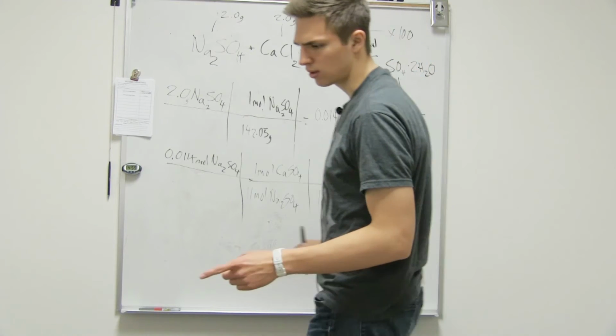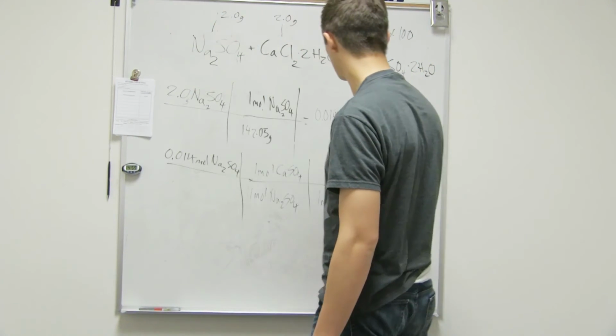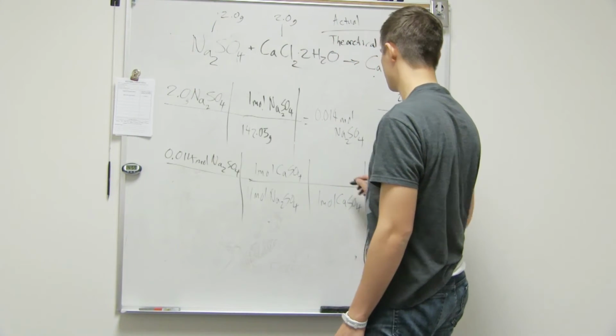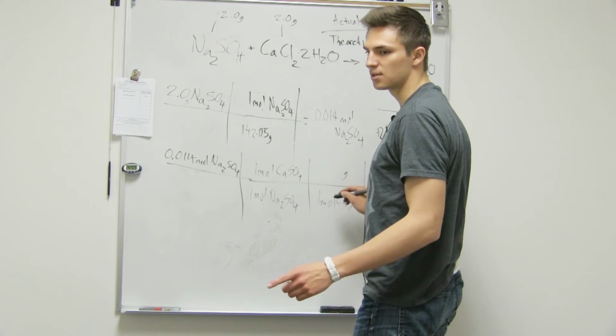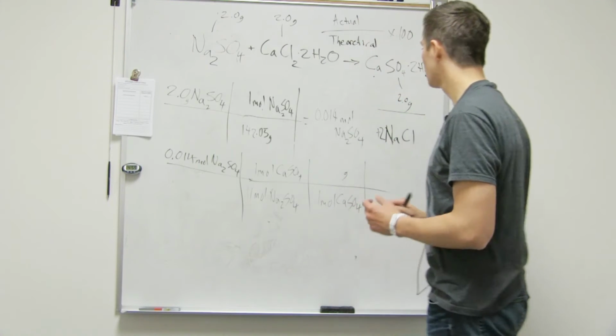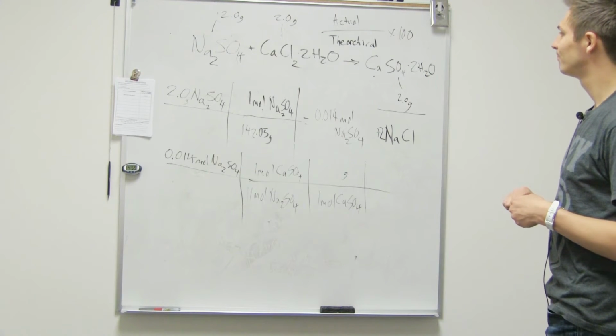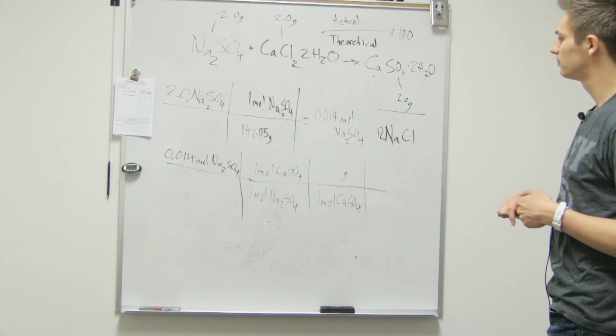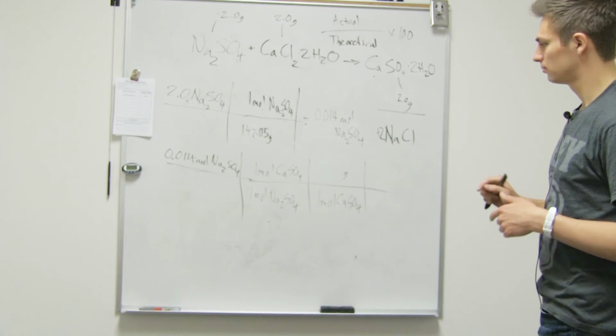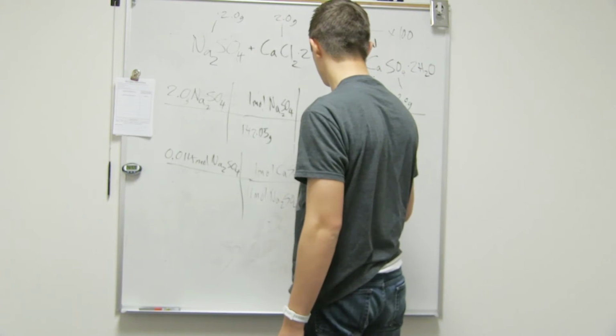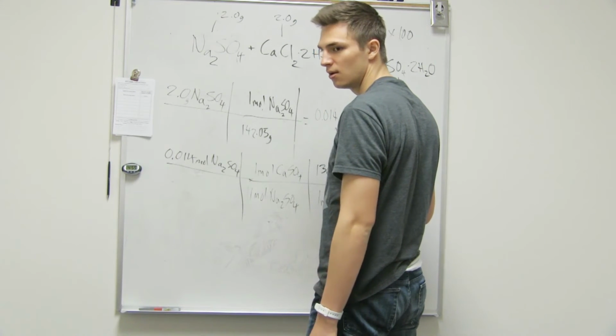CaSO4. So we need to find out how many grams that is on the periodic table. Once we have that, we'll know how many grams theoretically we should get. It's 136.14. 136.14, you said? Yeah.